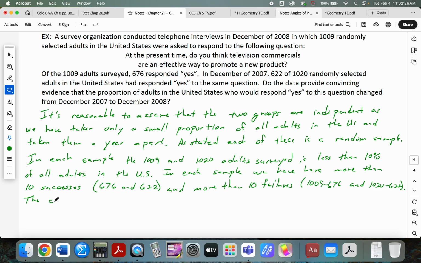So the criteria for a 2-sample z-test for proportions have been met.